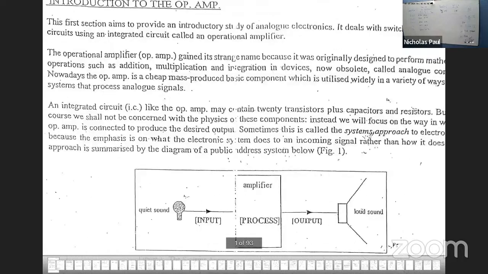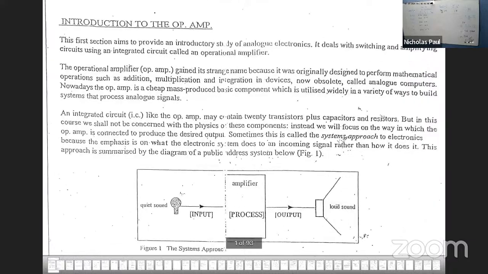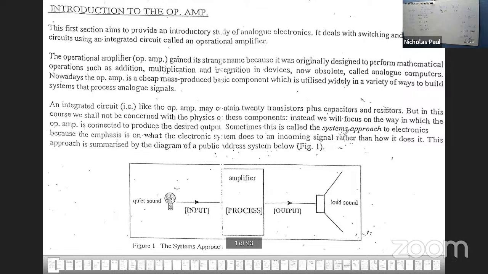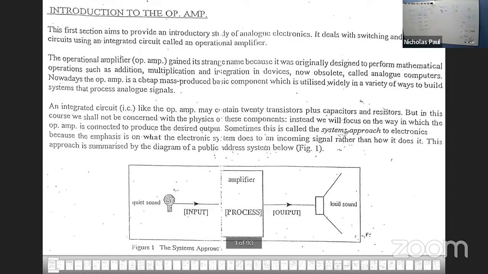So I'm going to call out this note for you, it'll be in the handout. This first section aims to provide an introductory study of analog electronics. It deals with switching and amplifying circuits using an integrated circuit called an operational amplifier.